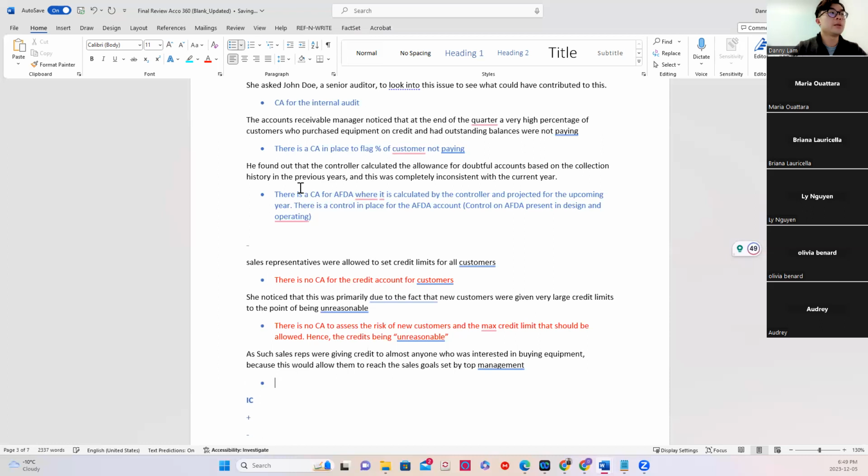We did mention it a little bit in the control environment, which was more the management part, but here the control would be that there are no control activities for the credit, nor how to assess these sales goals or the consequences. Does that make sense?